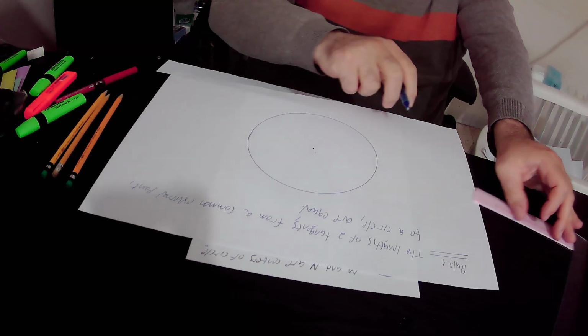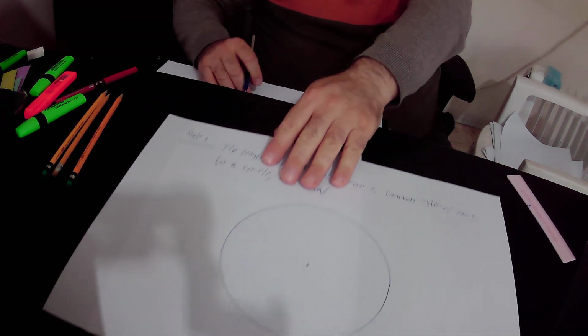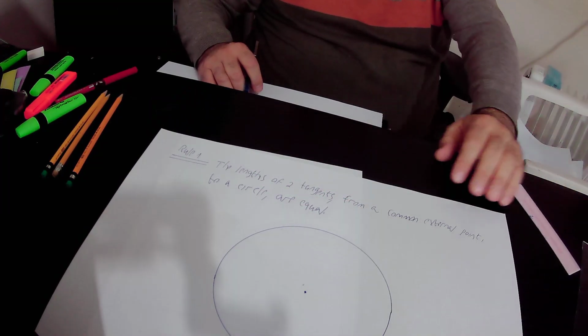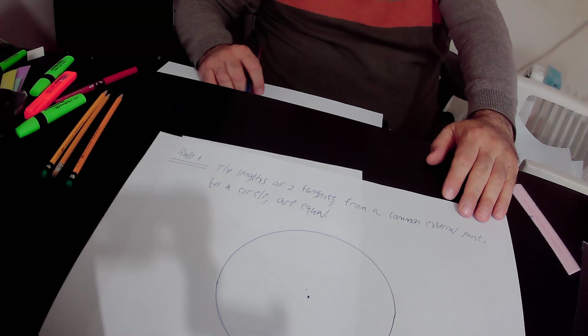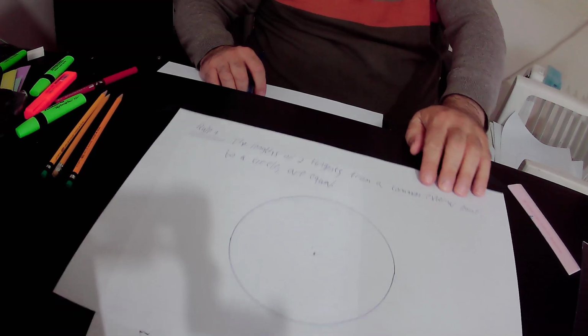So I will read rule number 1 again. According to rule number 1, the lengths of two tangents from a common external point to a circle are equal. So what is the meaning of rule number one?